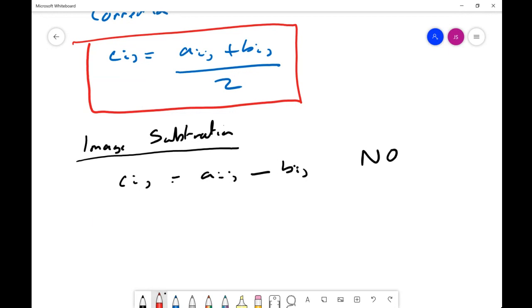The range Cij must be in the range 0 to W, the resolution of the imaging system. But if Aij is absolute black, which would be 0, and Bij is absolute white, then the Cij would appear to be minus W. It's outside the range.